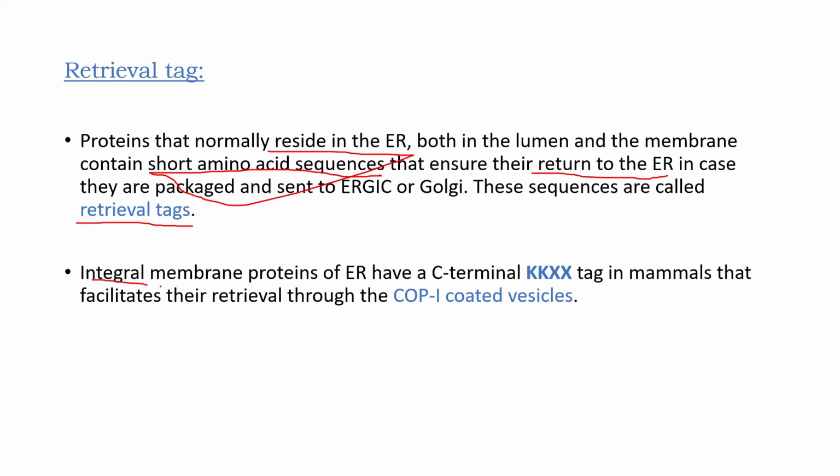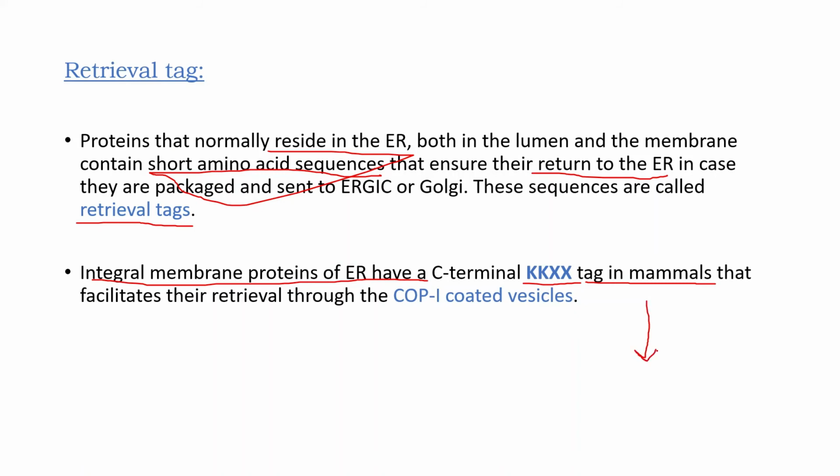Now, the integral membrane proteins of the ER have a C-terminal tag, which is the KKXX tag. That is lysine, lysine, XX, where X is any amino acid. This KKXX tag occurs in mammals and facilitates their retrieval through the COP1 coated vesicles. These are the vesicles which travel from the Golgi network to the ER through retrograde transport.